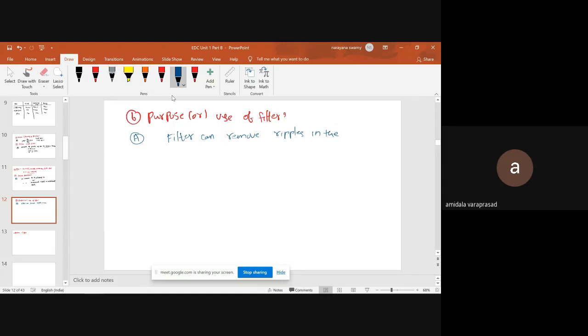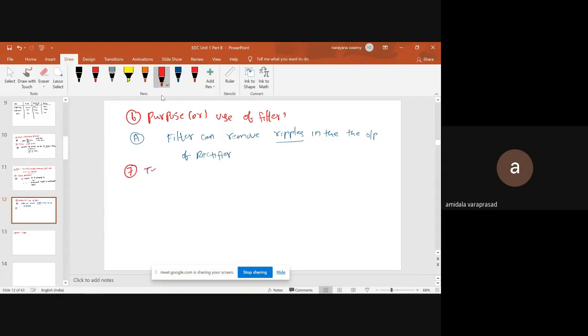Ripples are unwanted signal. Remove ripples in the output of the rectifier. This is the purpose of filter.